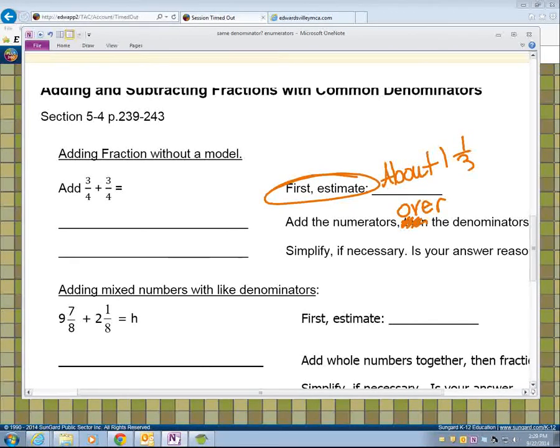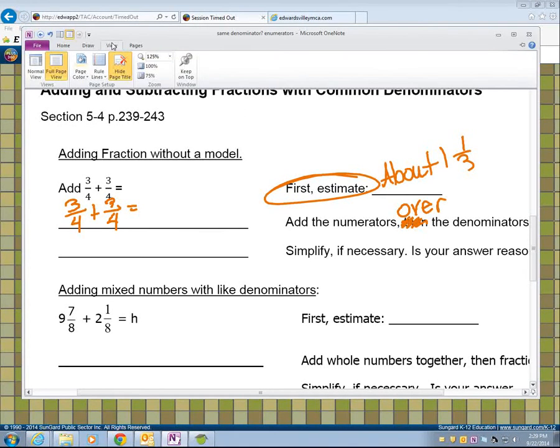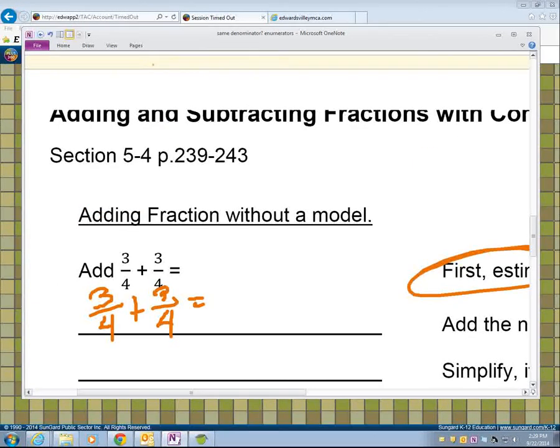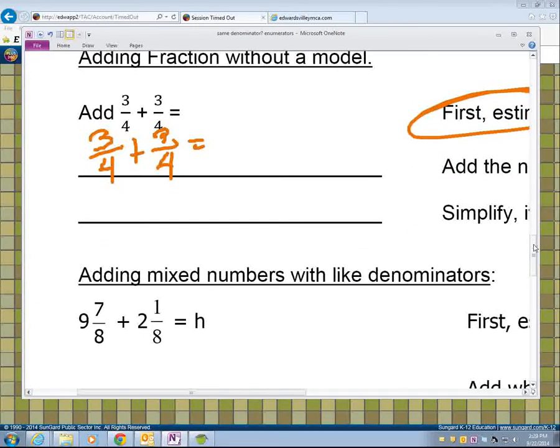So we're going to add the numerators. What is 3 plus 3, everyone? 6. Thank you. You're so smart. Okay, so we have added the numerators above the denominators.